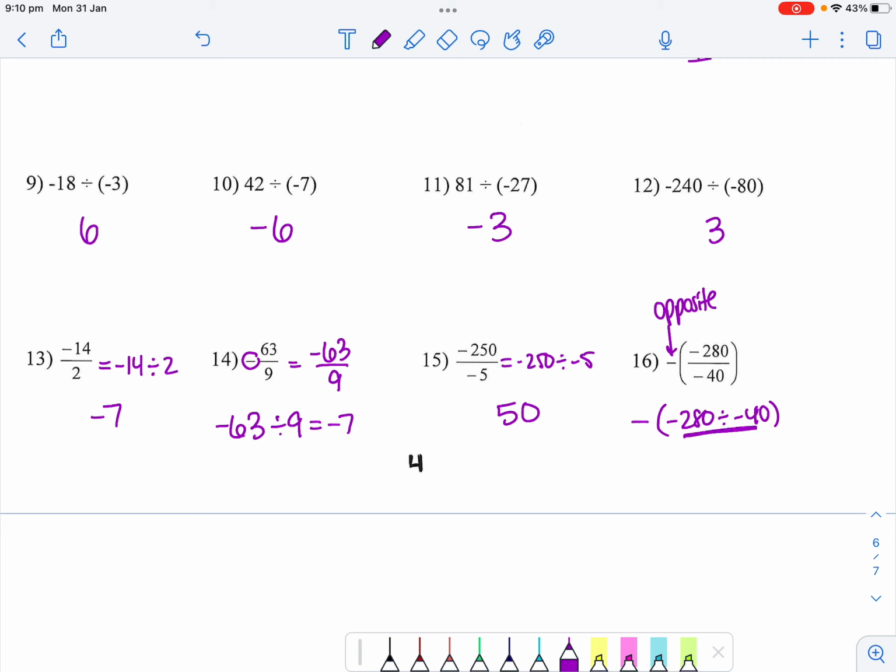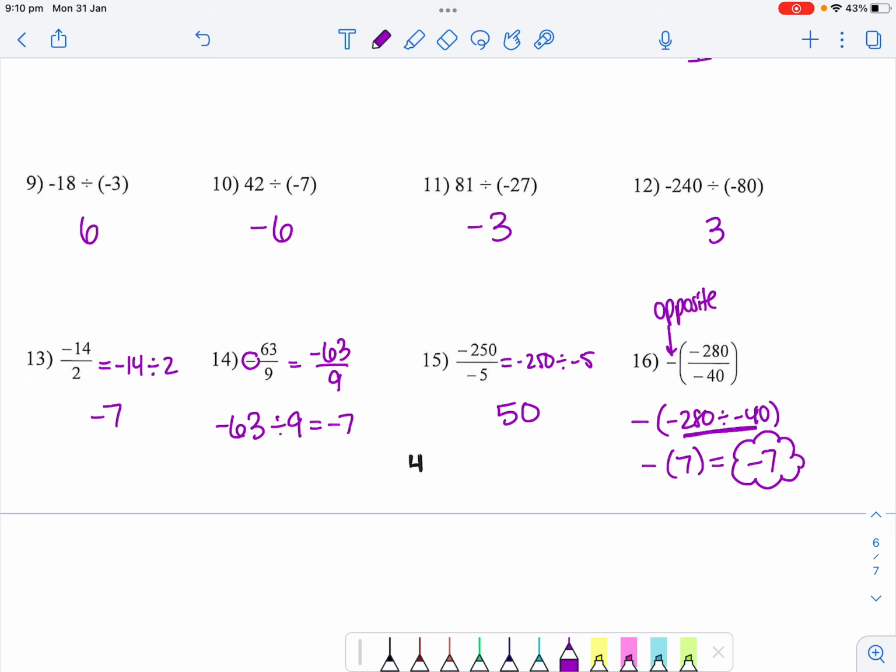I'm going to do this first because it's inside the parentheses. So this is going to be the opposite of 7. And the opposite of 7 is negative 7. And this would be very similar to having 3 negative signs. So the answer comes out negative. 2 negative signs, the answer comes out positive. 1 negative, so it comes out negative. 1 negative, so it comes out negative.